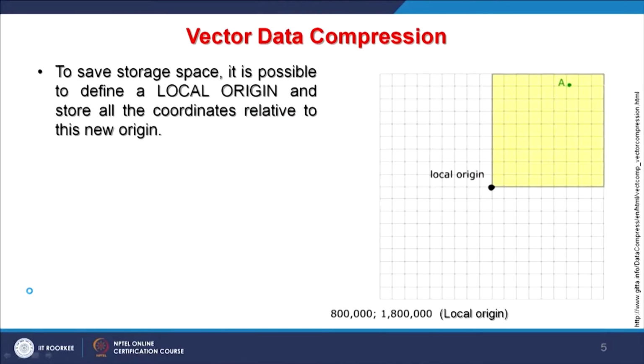So, again I can go for some kind of compression and reduce the internodes and get a smoother line and compressed vector data. Here is how to save storage space, and then define a local origin, as has been defined here, and store all coordinates relative to this origin.